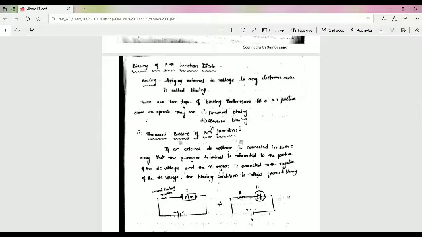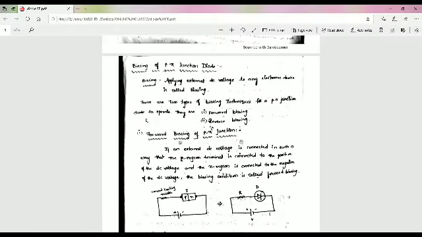Applying external DC voltage to any electronic device is called biasing. The usefulness of the PN junction lies in the fact that it allows current flow in one direction under biased conditions.